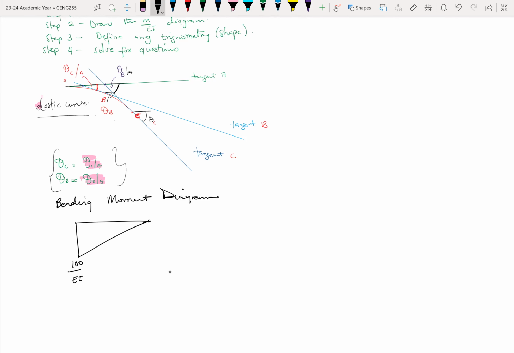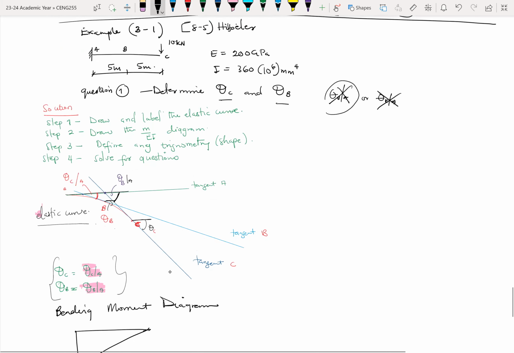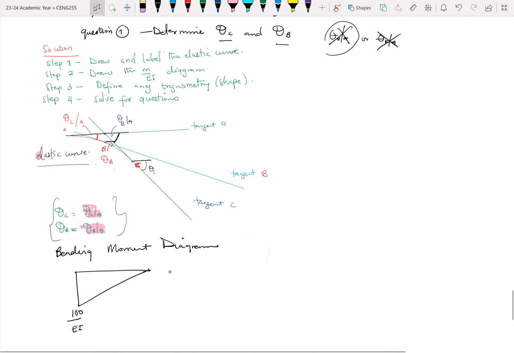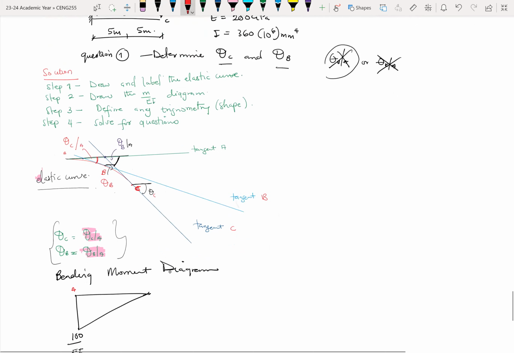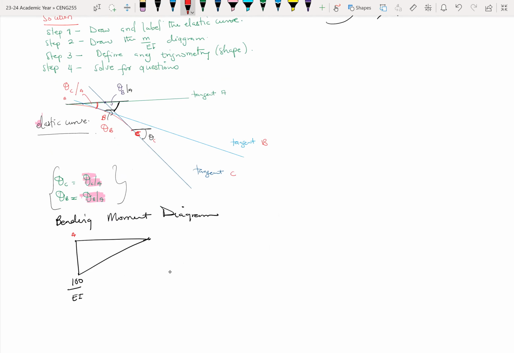But it's P times L. P is 10, L is 10, so that's 100. So here we have A, this is B, and this is C. Then somewhere here too, we have 50 over EI. So these are the points on the bending moment diagram.